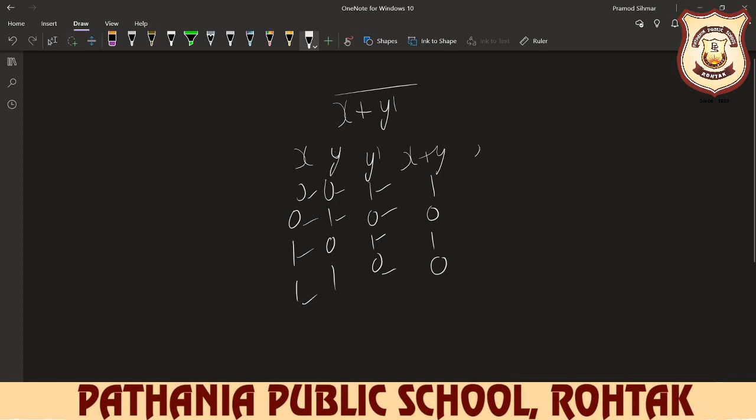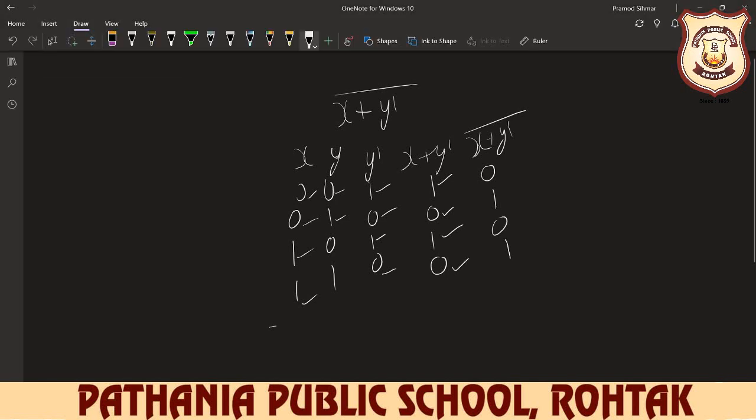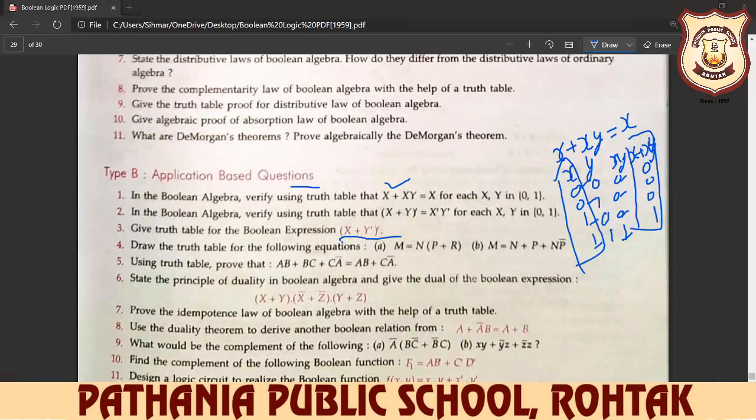So you do x plus y complement whole complement. So 1's complement is 0, 0's complement is 1, 1's complement is 0, and 0's complement is 1. So this is the truth table for this one. Fine, so we solved it.